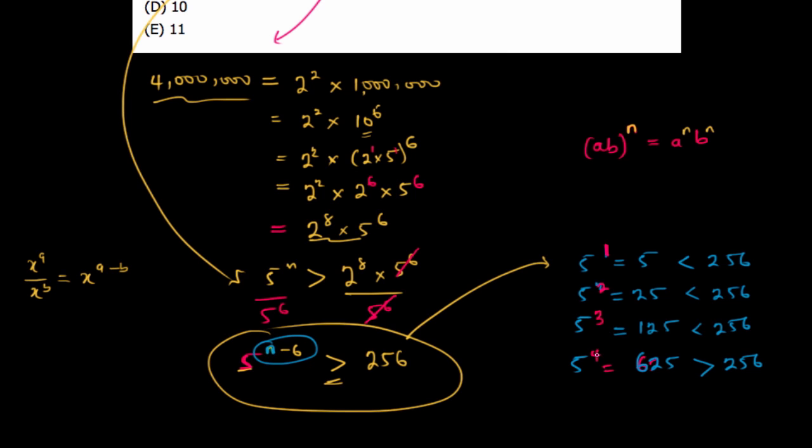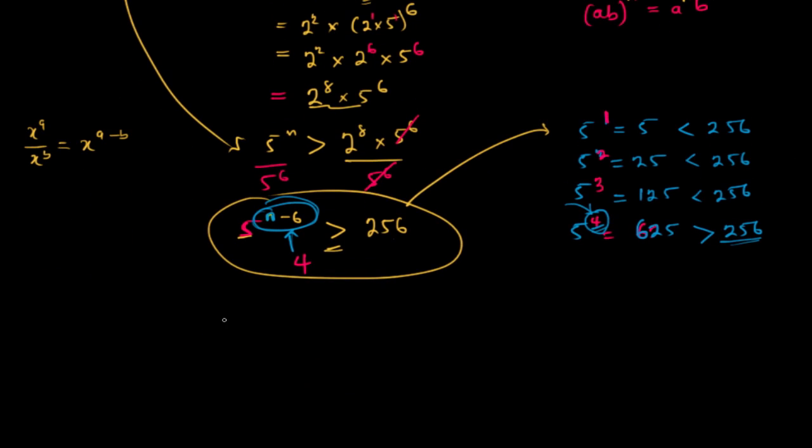So the least power of 5 such that it is greater than 256 has to be 4. So n minus 6 must be equal to 4.